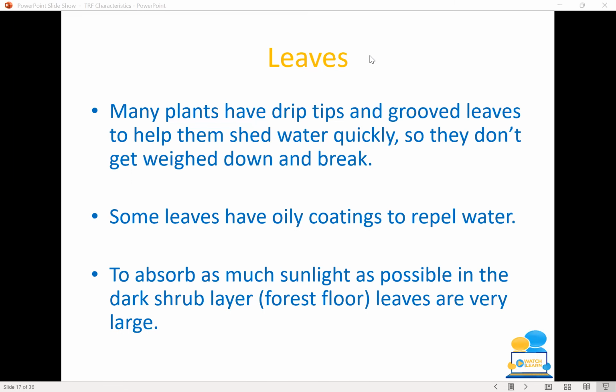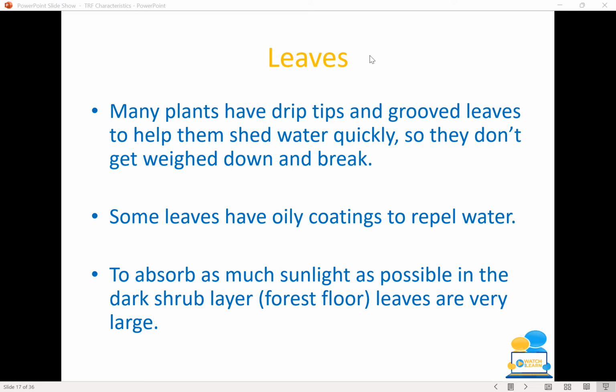So, starting with leaves and their adaptations to the tropical rainforest. Many plants have drip tips and grooved leaves, and this helps them to shed water quickly. This is a big advantage in the tropical rainforest, as there is so much rainfall. You don't want leaves that take on that water very easily and can then easily be broken or dragged down by the water.